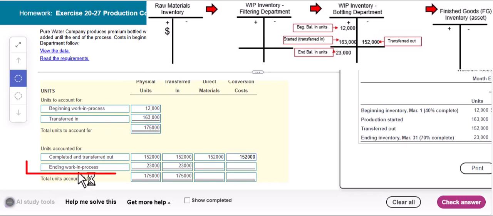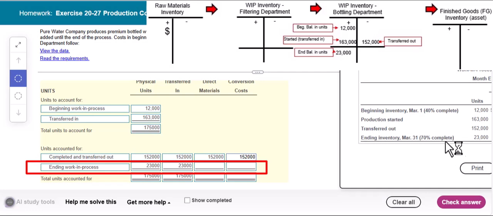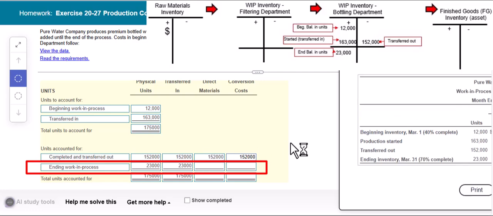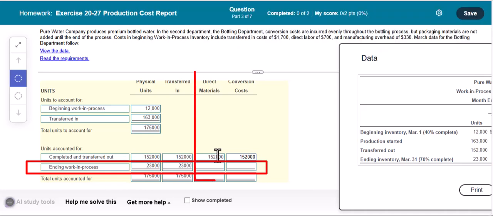So now let's talk about this ending work in process. This ending work in process inventory is 70% complete. But how many of those units have the direct materials added to them? Remember, the direct materials in this case, the packaging, which is the bottles, are not added until the end of the process.